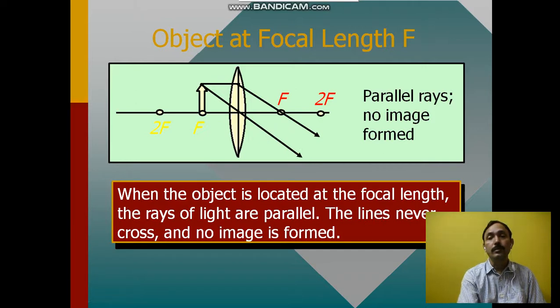So when the object is located at the focal length, the rays of light are parallel. The lines never cross and no image is formed. So parallel rays mean the image will be produced at infinity.